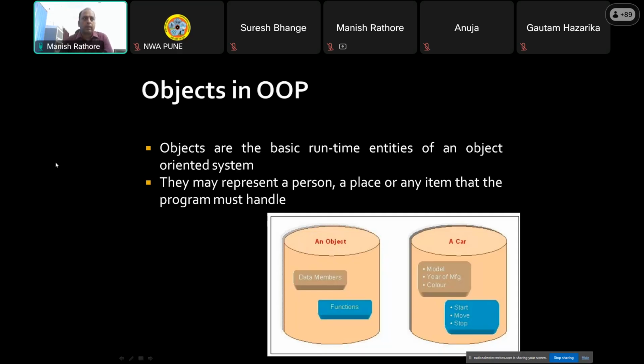And let's say you create an object of that class named car. तो आप जैसे ही उस object को बनाओगे, variables and functions will come automatically. Okay, that is called inheritance. So model नाम का एक variable बन जाएगा, year of manufacturing नाम का एक variable बन जाएगा, color नाम का एक variable बन जाएगा, और कुछ start, move and stop.